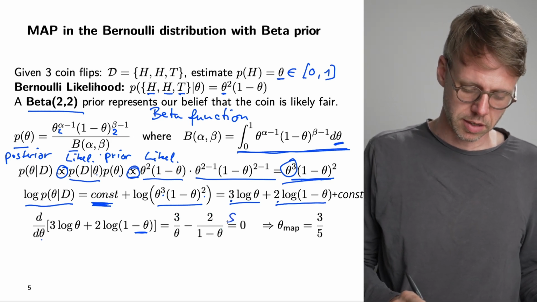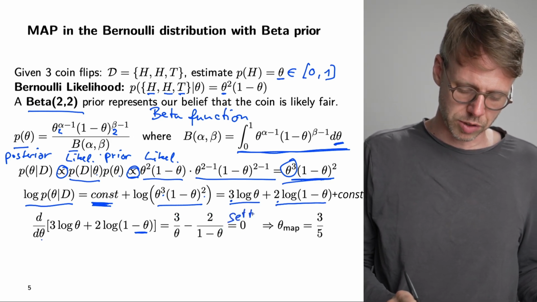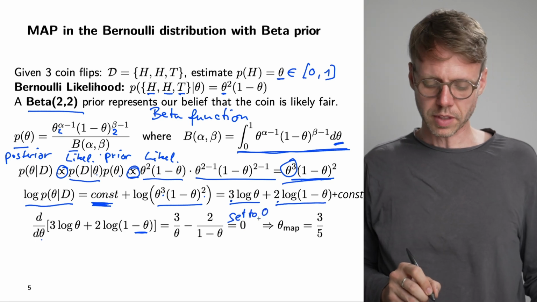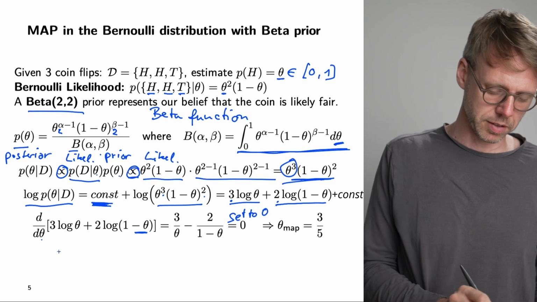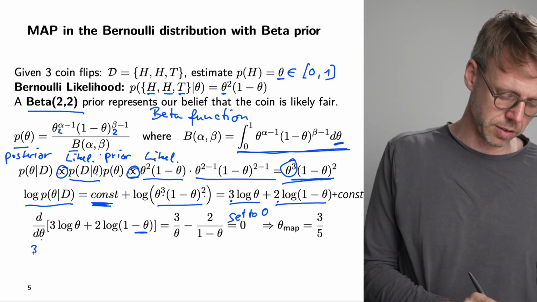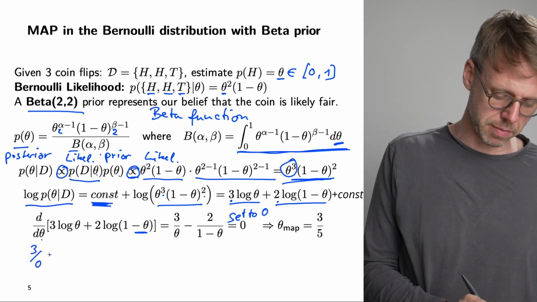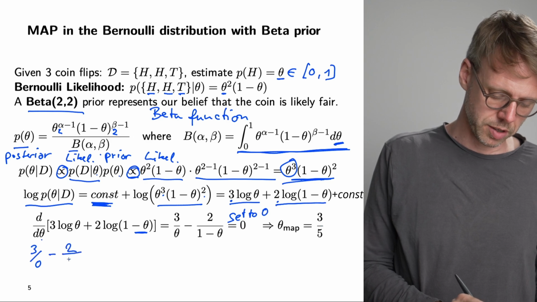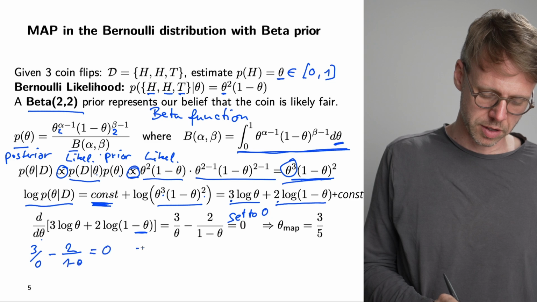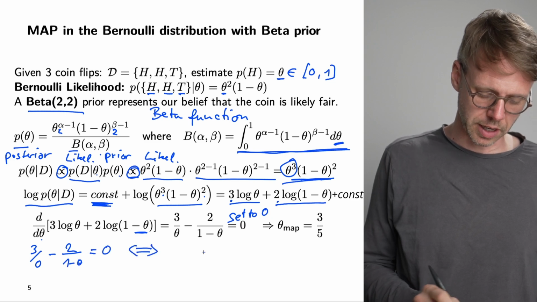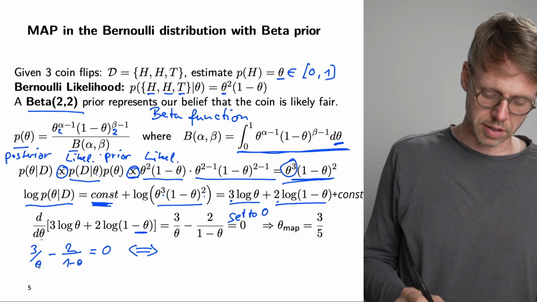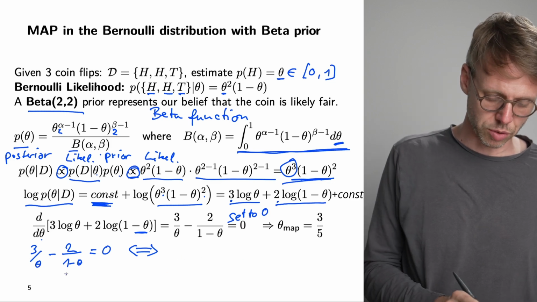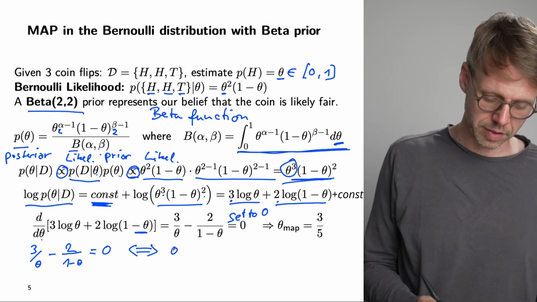That we set to 0 in order to get our MAP estimate. Well, we can quickly do that. 3 divided by theta minus 2 divided by 1 minus theta equals 0. Equivalently, we can multiply both sides by theta times 1 minus theta to put it on top.